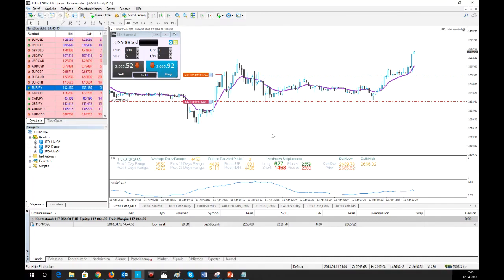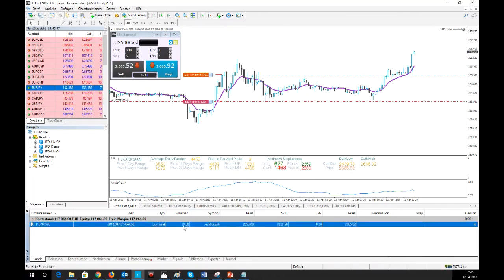And now you might wonder, 99.3, where's the volume coming from? This is very simple. We said risking 1% of our equity, of our account balance, I'm sorry, which is currently 117,000. So that means we're risking 1% of that, or 1,170 euros.